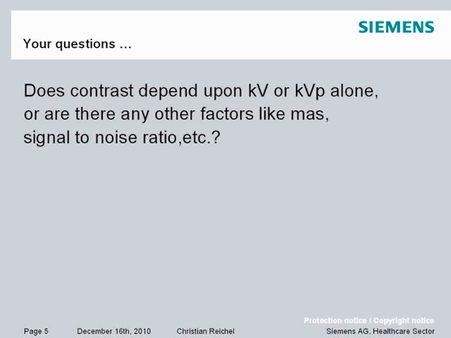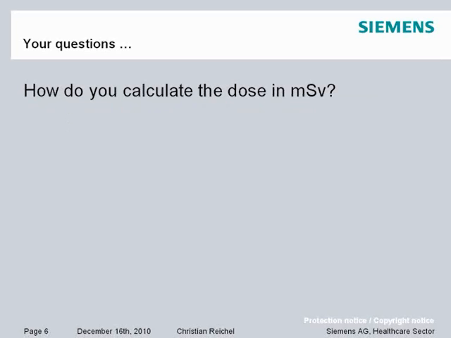The contrast itself, the contrast between iodinated tissue and not contrast-enhanced tissue, the contrast between bone and fat, depends on kV and not on mAs or other factors. But image noise is influenced by mAs, image noise is influenced by body weight, and this will lead to decreased signal-to-noise ratio.